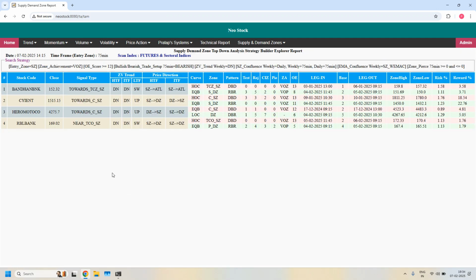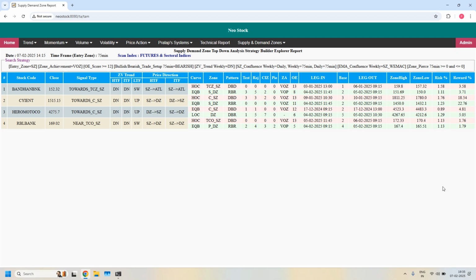Let's filter. We got all the 4 stocks. So all these 4 stocks are even higher probability, bearish trade setup supported weekly income trades. So this is about the bearish trade setup for weekly income trade.